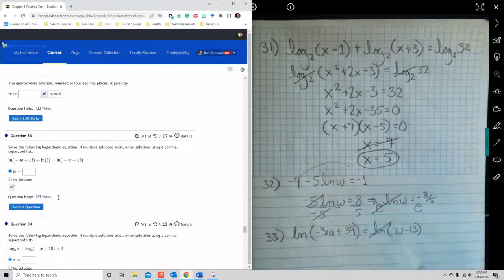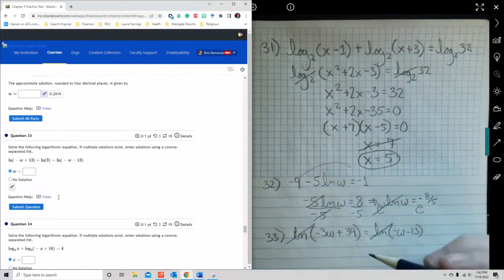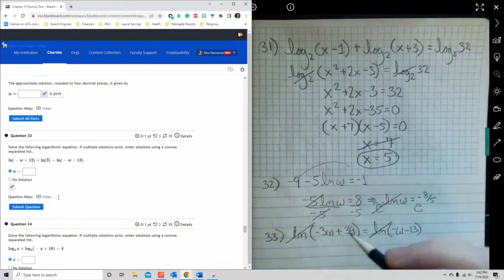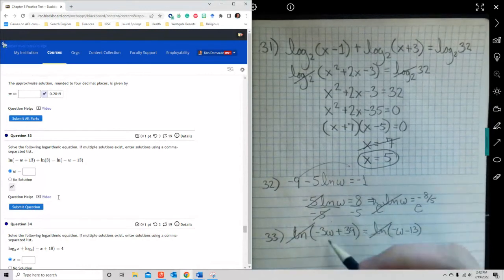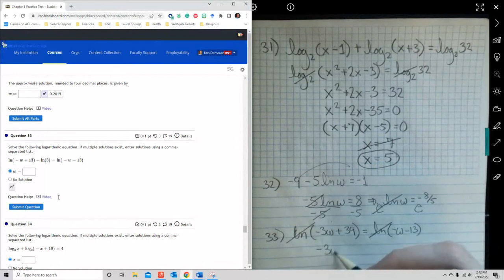I'm going to dismiss the ln's. I'm going to wipe them out because they're both the same base. I'm going to set these equal to each other, and I'm going to solve it.